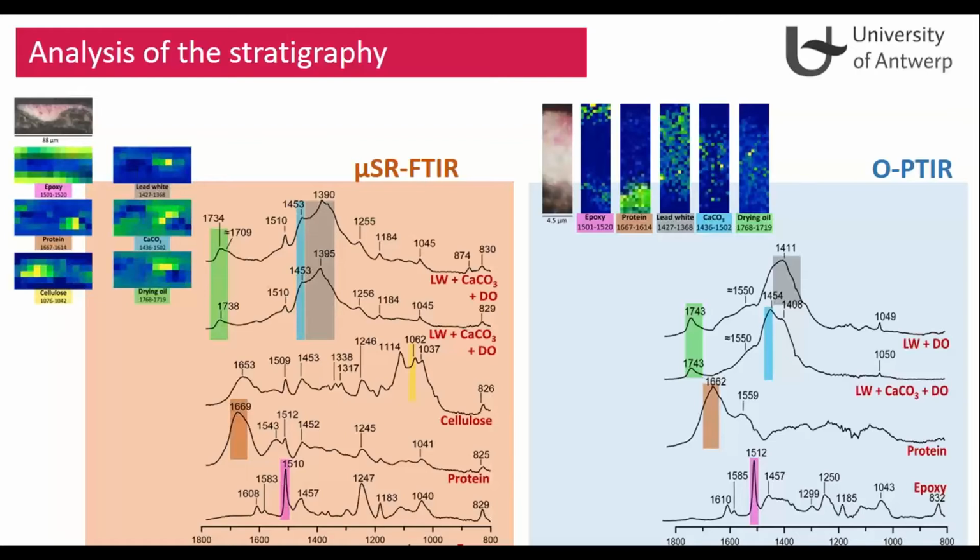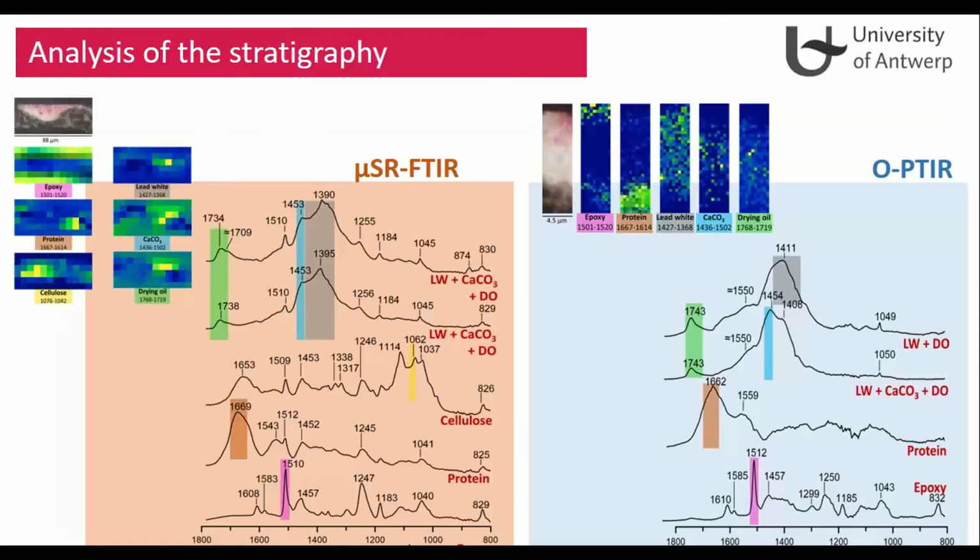But on the side of the O-PTIR, we could see that the spectra we obtained are actually also very good. The signal to noise ratio is quite good. It's true that in the lower wavelengths there is also a bit of noise compared to the synchrotron IR, but still the signal is very good, and the bands are all distinguishable.